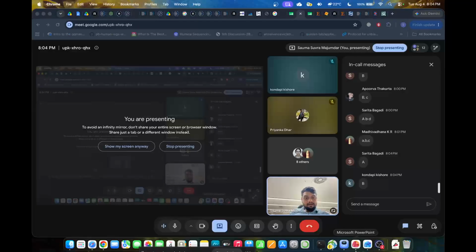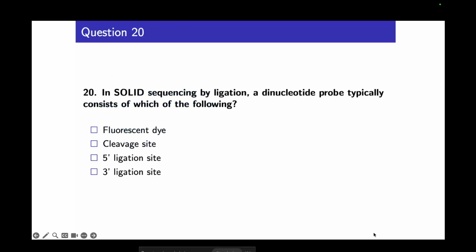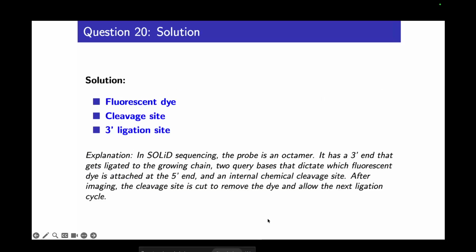The answer is A, B, and D, not the fifth. In SOLiD sequencing, the probe is an octamer. It has a three prime end that gets ligated to the growing chain, two query bases that dictate which fluorescent dye is attached to the five prime end, and an internal chemical cleavage site.